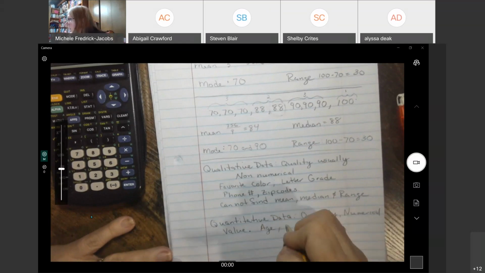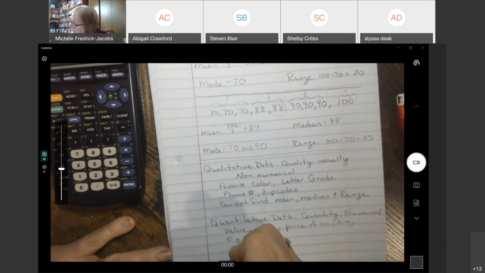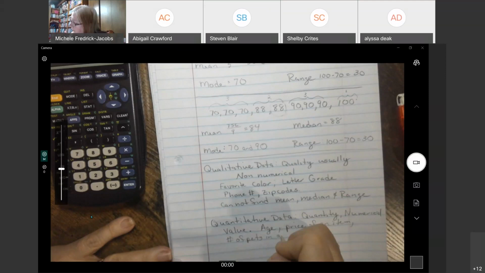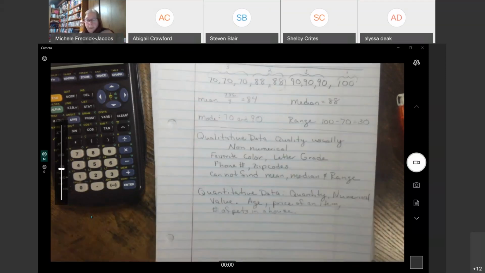Age, price of an item, number of pets in a house, but it's a number.